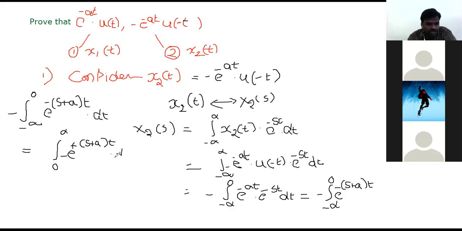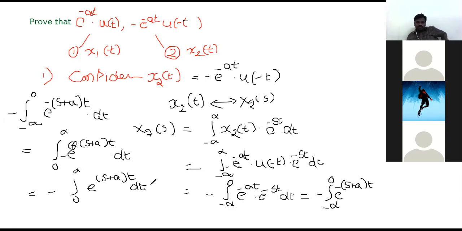If you want to change the limits, instead of minus infinity to 0, this negative sign comes here. So you will get positive, minus of minus is positive. So what you will get? You will get minus of the integral from 0 to infinity e power s plus a into t into dt. Is it not?